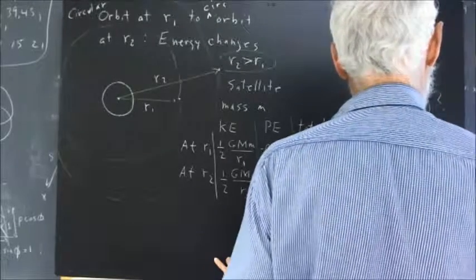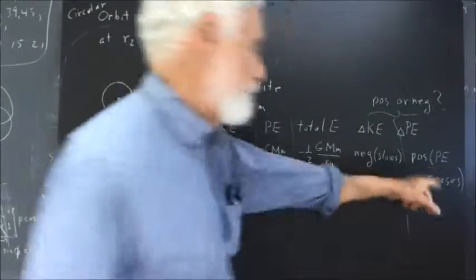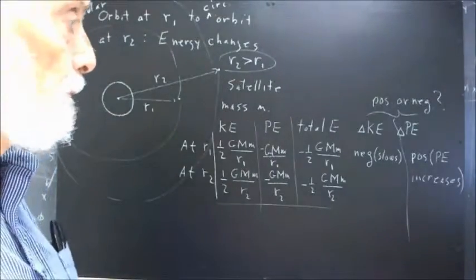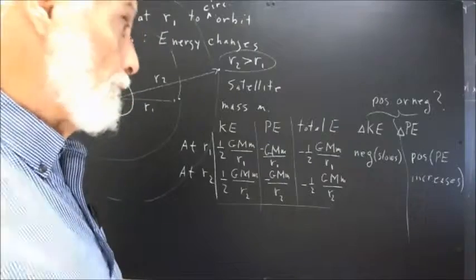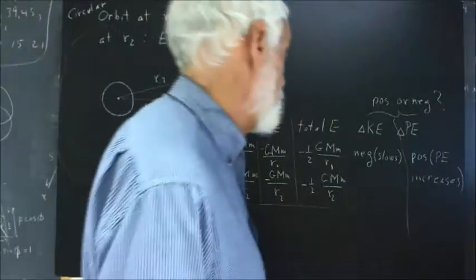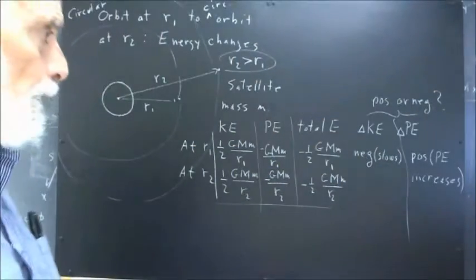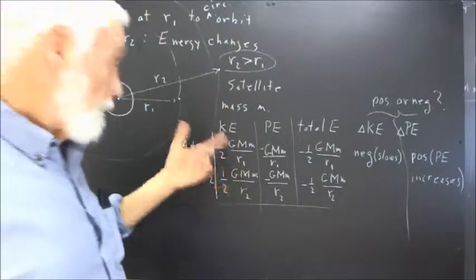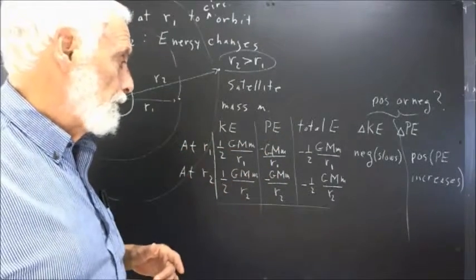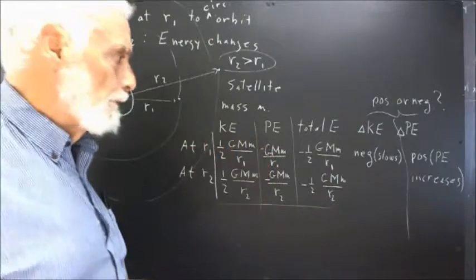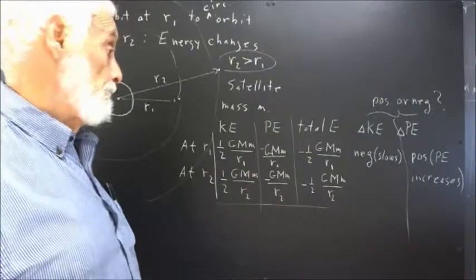Now it should be obvious intuitively that the potential energy increases because you're moving against the gravitational force. So we have a negative change in kinetic, a positive change in potential. And of course, the potential being negative, the kinetic being positive, and being proportional means if one of them increases, the other one decreases.